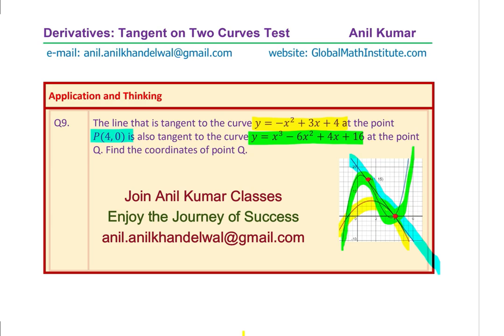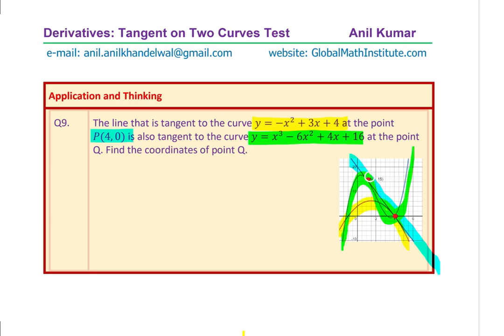Does it make sense? Of course, when you have one tangent line, then it can cut the other curve or be tangent to the other curve only at one point as shown. The other one is not the right answer. So we have the solution, and the solution is that point Q is (1, 15).